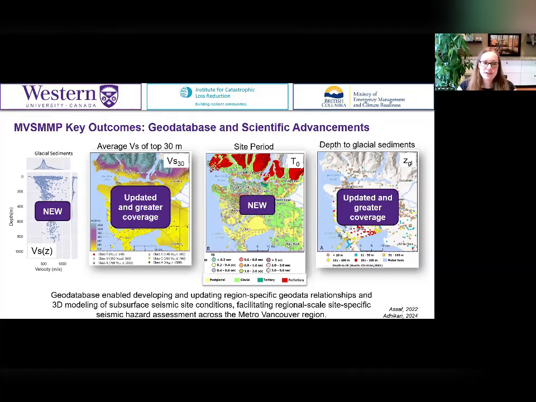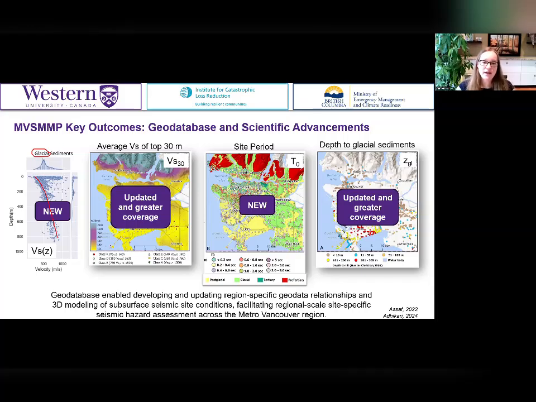And we also, for the first time, have a picture of what site period is from 2,300 measurements across Metro Vancouver. We've also been able to see the trend in the velocity in glacial sediments, and that wasn't available before our project started. Again, in seismic, we need to know how the waves are going to propagate all the way to the surface from rock.